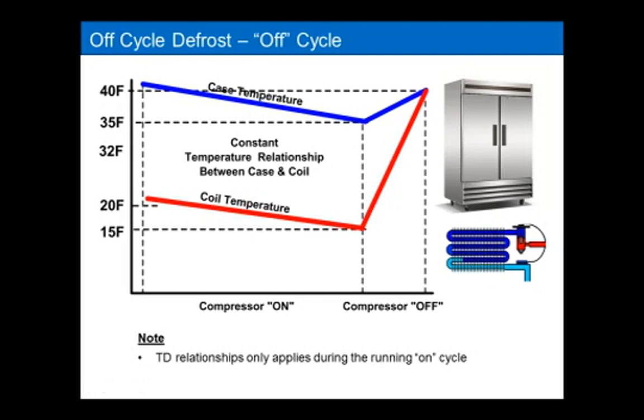The system cycles off, and then my coil temperature rises up. During this process, the coil gets warmer and warmer and warmer. When it gets to 40 degrees or 38 degrees, whatever the magic number is, my temperature sensor or my pressure sensor is going to turn the unit back on, and the unit will come back on into a refrigerating mode.